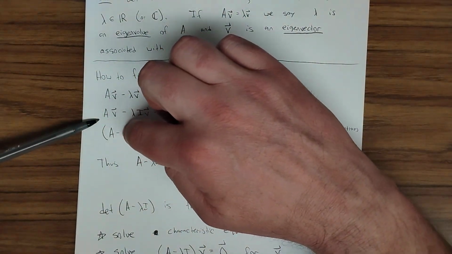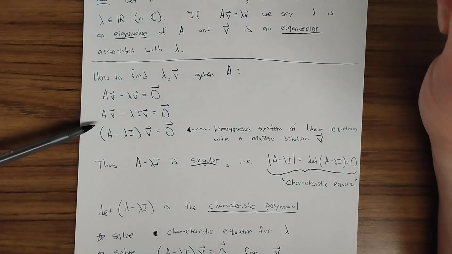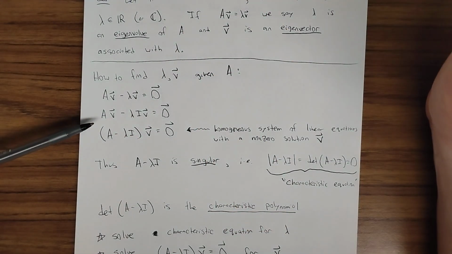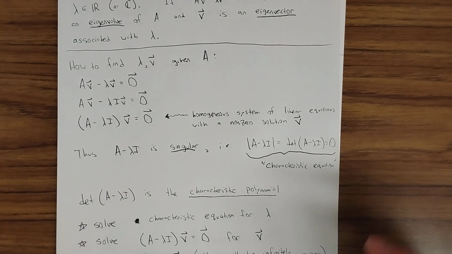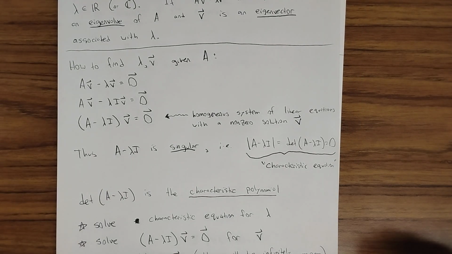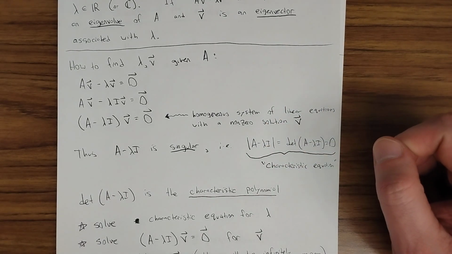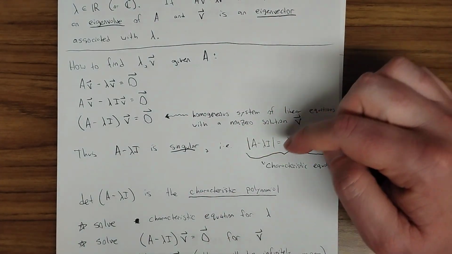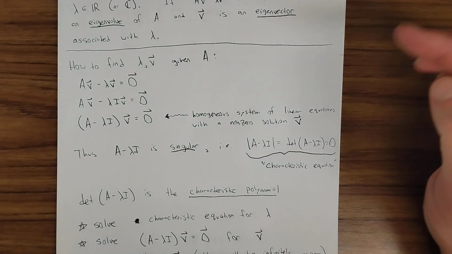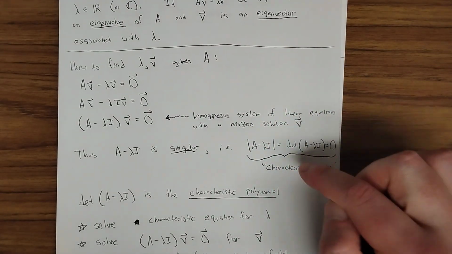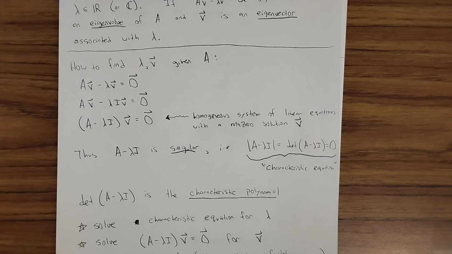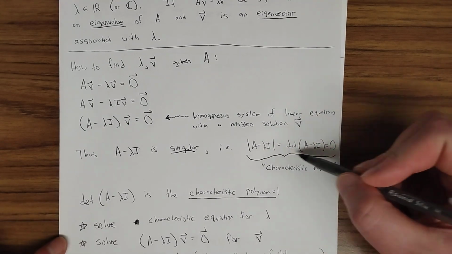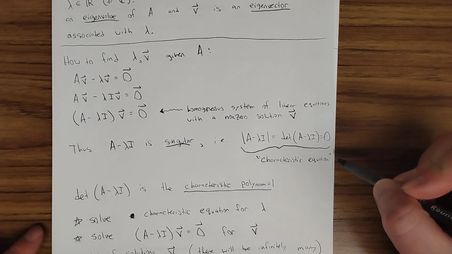So since we have a non-zero solution V, this matrix is singular, and we learned that singular is synonymous with having a determinant of 0. So the determinant of this matrix, here I have it written with absolute value signs, but just to remind you, these absolute value signs mean determinant. The determinant is 0. This equation is called the characteristic equation.